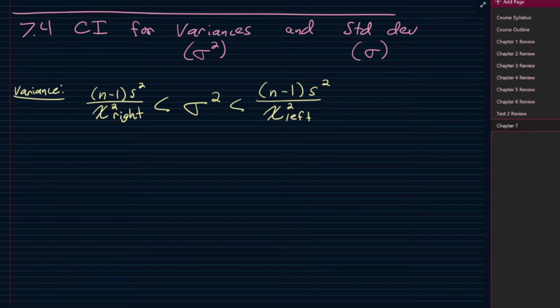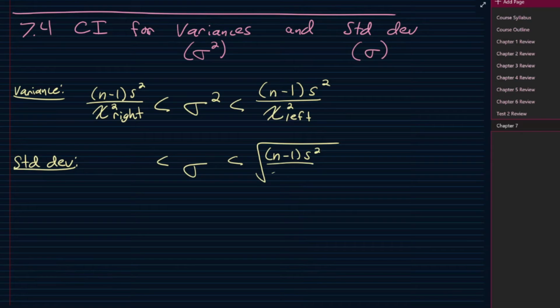And the confidence interval for standard deviation is sigma, so it's just the square root of these on each side. That chi, that's a Greek letter. Looks like a curly X kind of. And that will give us our confidence interval.